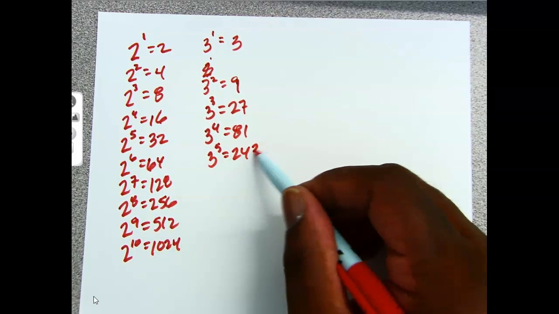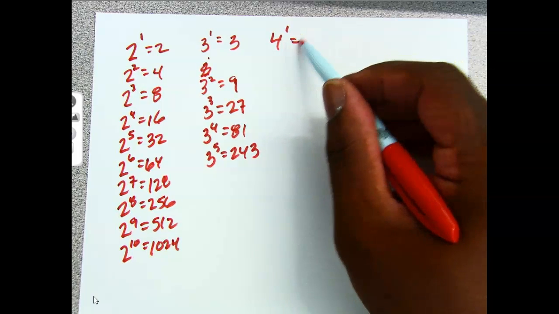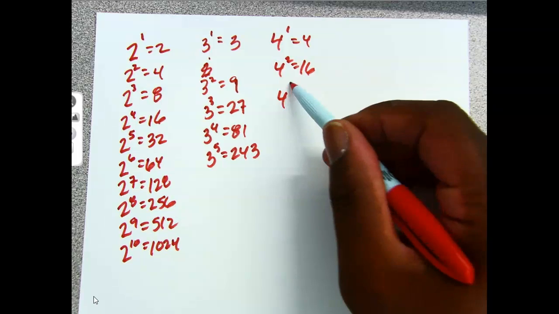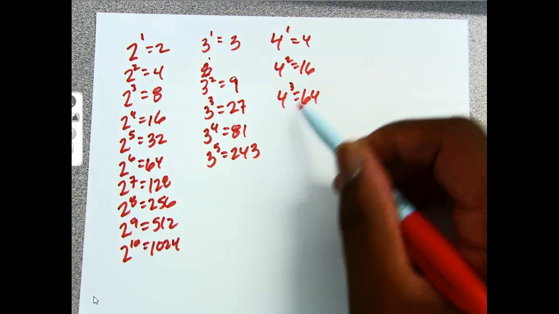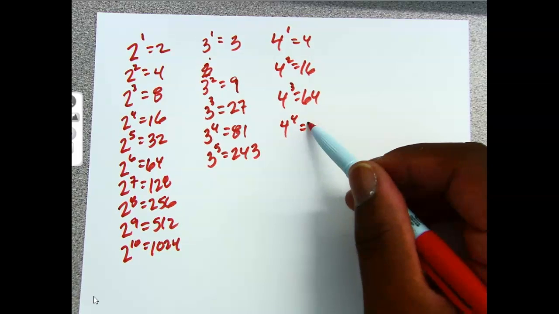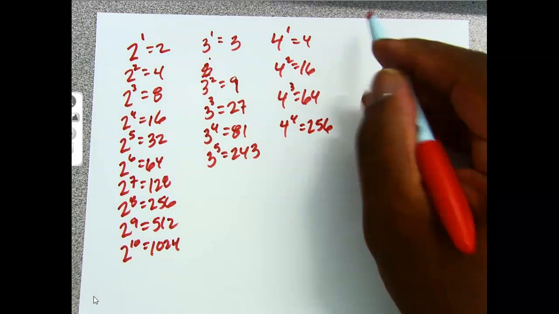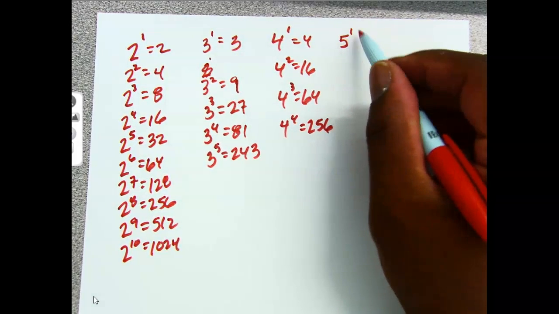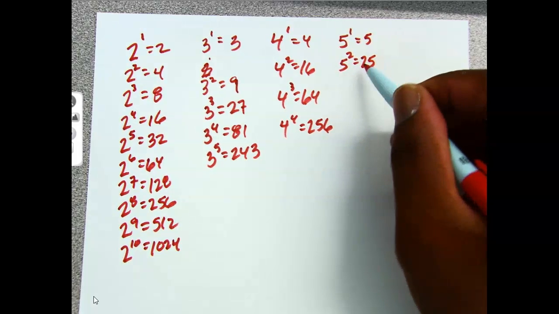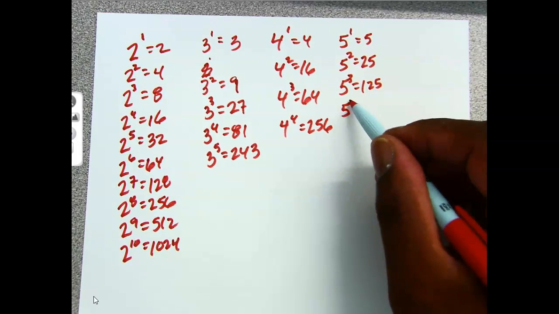4 to the first, 4 squared, 4 cubed, 4 to the fourth, 256. 5 squared, 5 cubed, 5 to the fourth.